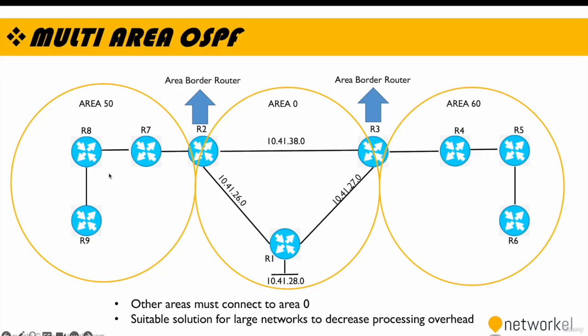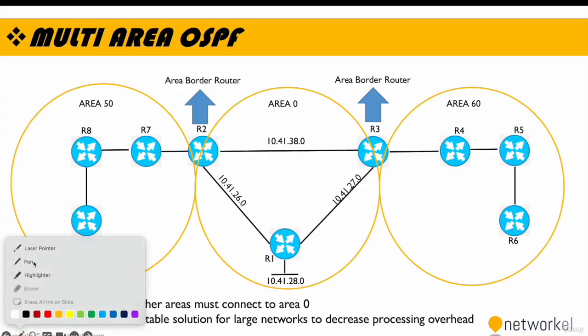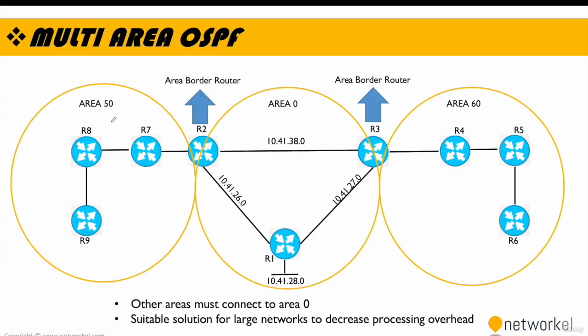So let's have a look. Let me grab my pen very quickly. Here you are able to see we have area 0 still, same as in the single area OSPF design. But on top of that, we have area 50 and area 60.